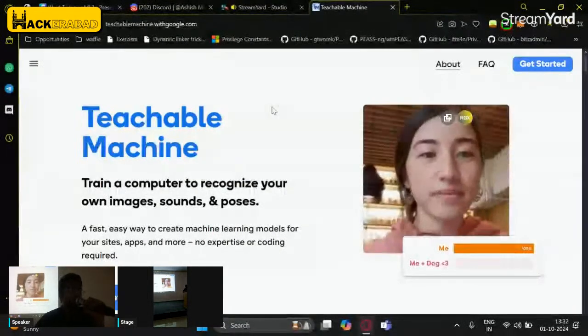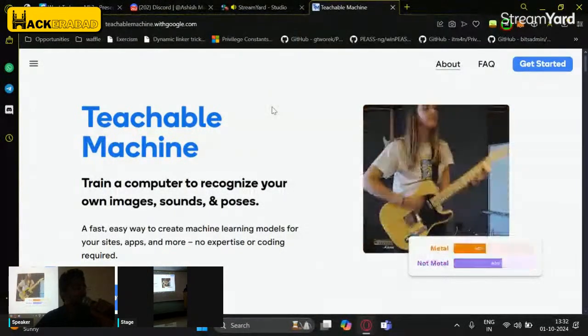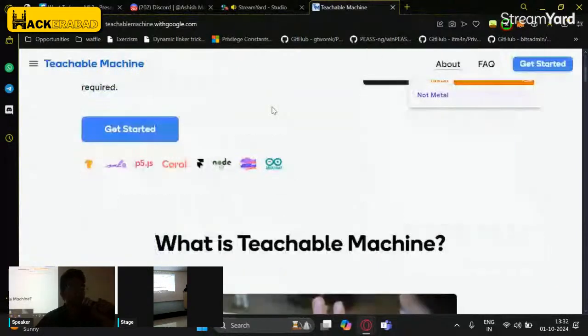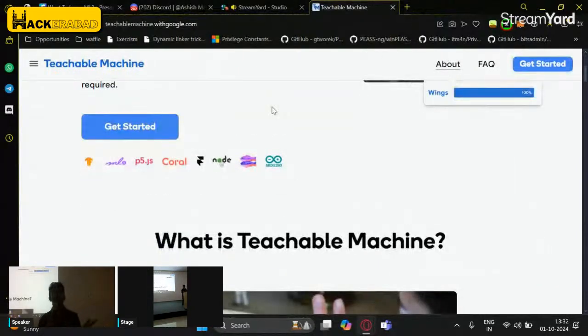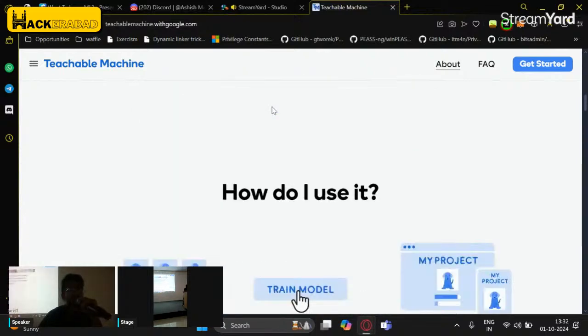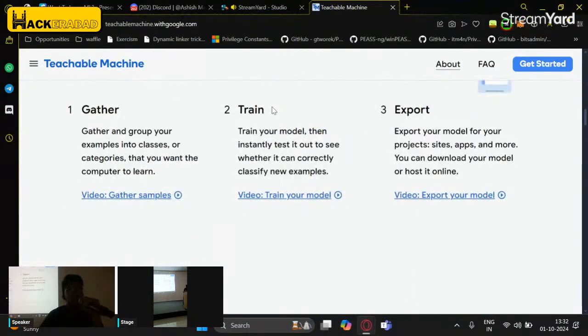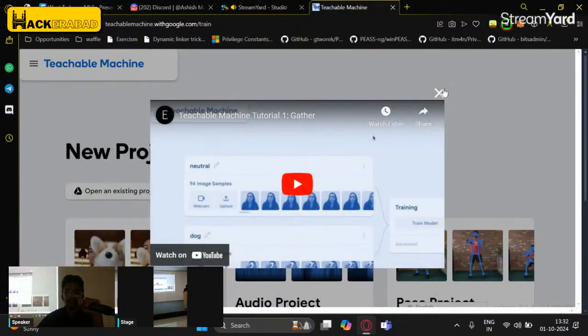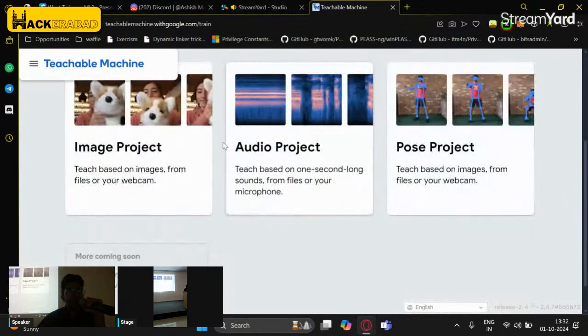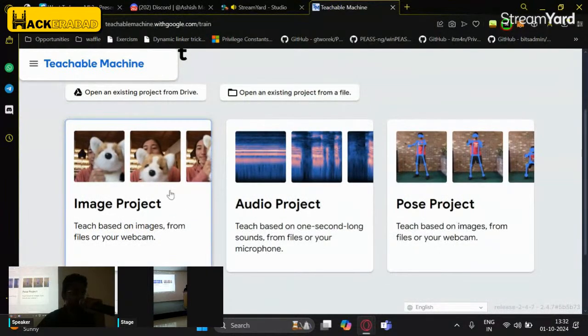So this is a website known as Teachable Machine by Google. You don't have to write complicated code or use a huge amount of data to train your ML models. You can just provide it with some samples and it will show you how ML works. For example, I'll start with gathering some of my data and I'll be picking an image project.